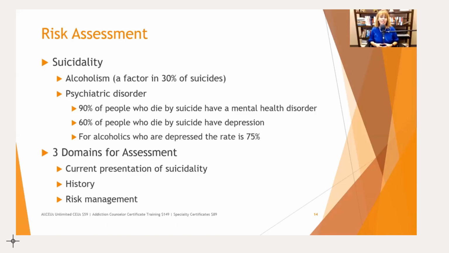If they have a history of suicide attempts or self-injurious behavior, or a family history of suicide, they're at higher risk. And then as far as risk management, somebody who lives alone and is clinically depressed and having suicidal thoughts is at much greater risk than someone who lives with their spouse and 3 kids and also has suicidal ideation.